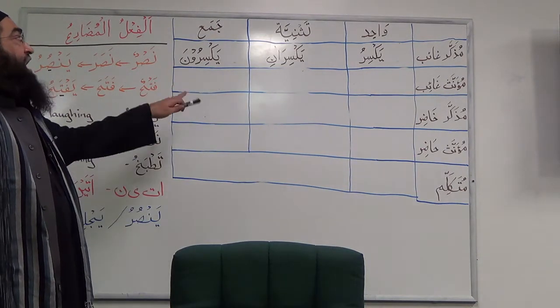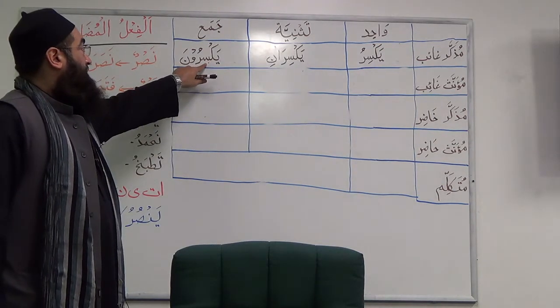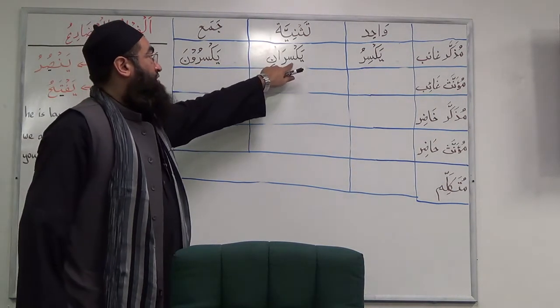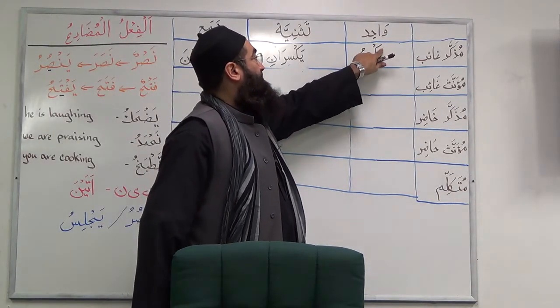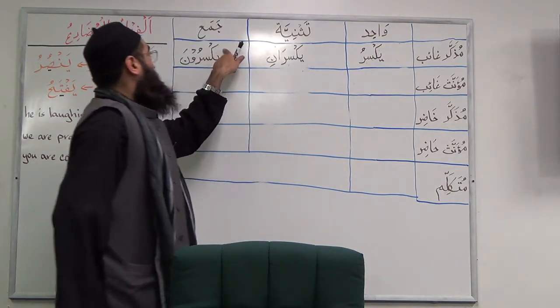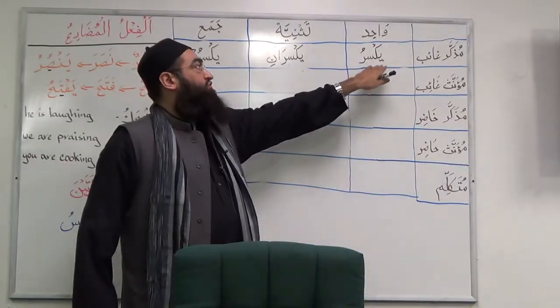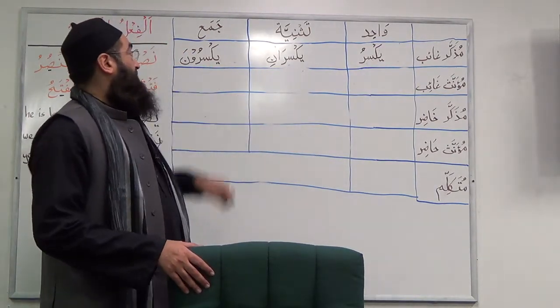So how do you make fi'l mudari' majhul? Alright, we're going to learn that now. So let's make the meaning of this. If this was ma'roof, then that one man is breaking. Those two men are breaking. All those men are breaking.